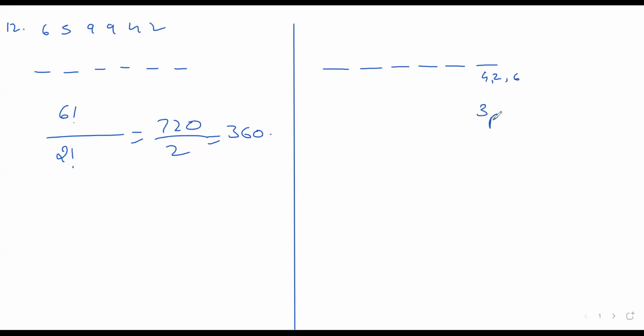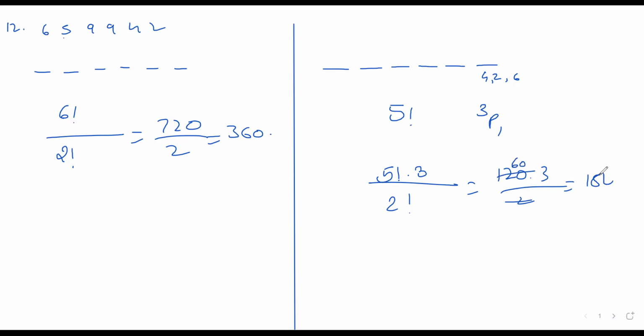That will be 3P1. 5 digits will remain, and they will occupy 5 places in 5 factorial ways. So it is 5 factorial into 3, whole thing upon again 9 is alike. So 120 into 3 upon 2. This is 60. 60 into 3, 180 ways.